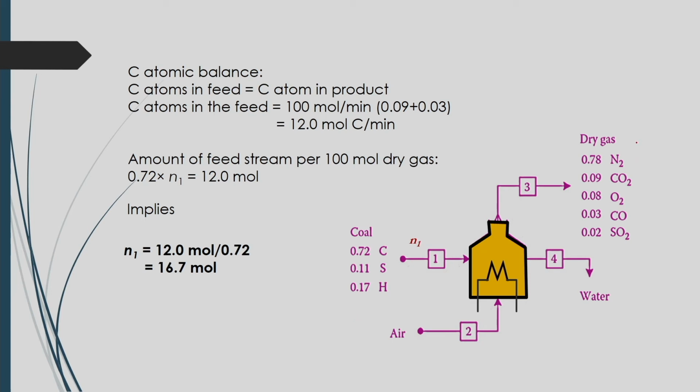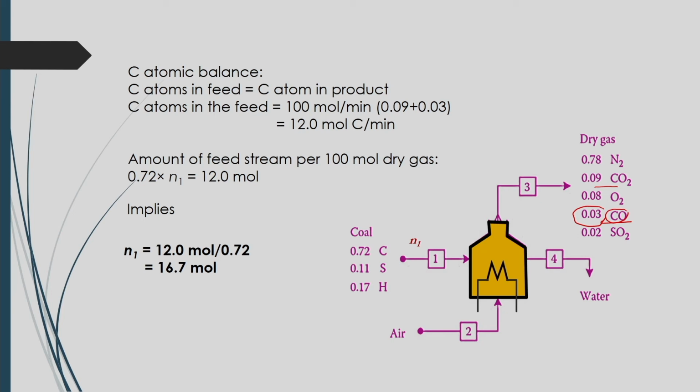This carbon dioxide and carbon monoxide is basically coming from the source of coal in the feed stream. So what will be the carbon dioxide in the stream, and what will be the carbon atoms there? That will be basically 100 into 0.09. And similarly the other carbon is coming from the coal stream as carbon monoxide in the dry gas, and its fraction is 0.03, out of that 100 moles rate.